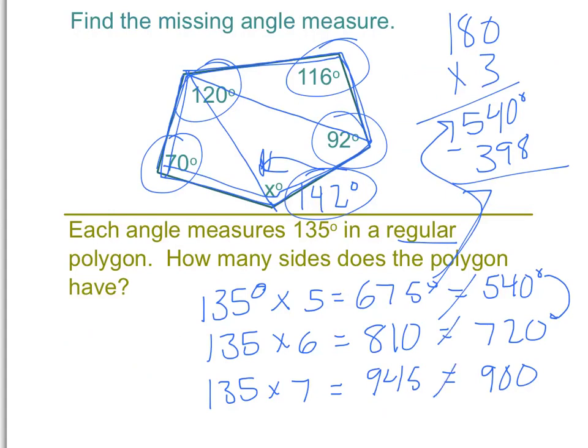That is not equal. Okay, so my next shape would have 1080 degrees, and that would be an 8-sided shape. 135 times 8. Does that equal 1,080? And that does equal 1,080. And so that's my answer.